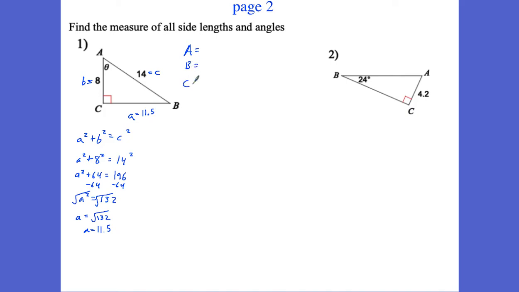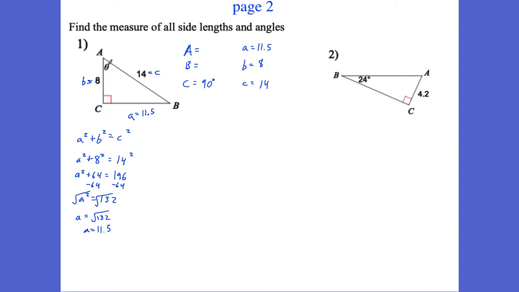We don't know angles A or B yet. We know angle C is 90 degrees. We've just found little a to be 11.5. And we were given that b was 8 and side c was 14. So all we have to do is find either angle A or angle B and then use the property that triangles add to 180 to find the other one.